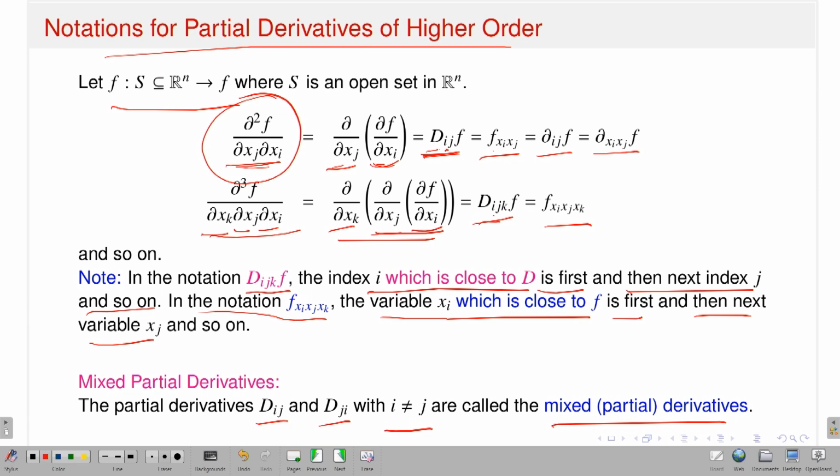That is exactly what I am doing. It is nothing but the derivative you are familiar with from the single variable case, R to R. I keep all other variables fixed except the i-th or j-th variable with respect to which I perform the derivative, and I call that the partial derivative.